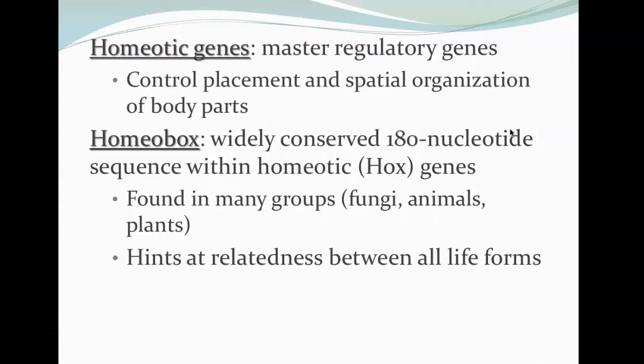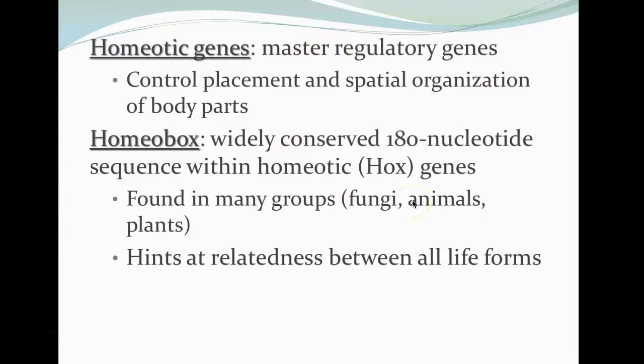The homeobox is a 180 nucleotide sequence found within the homeotic gene. So the homeotic genes are thousands of nucleotides long. The homeobox is a small segment of the homeotic gene that is widely conserved.